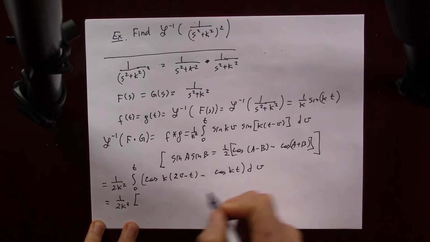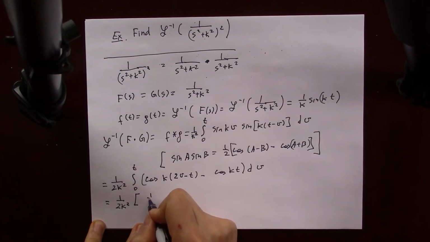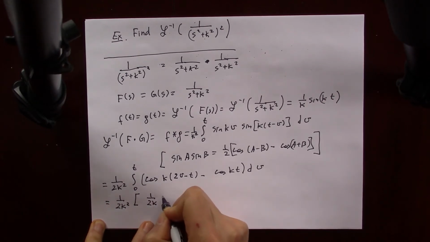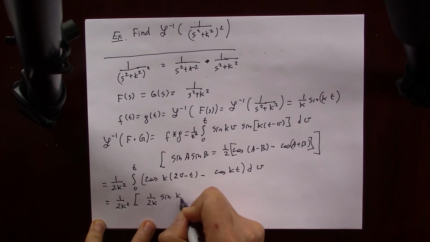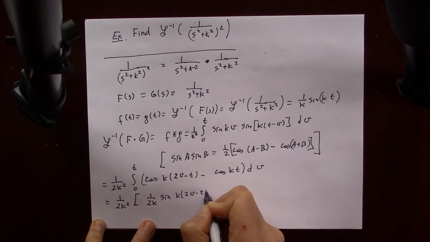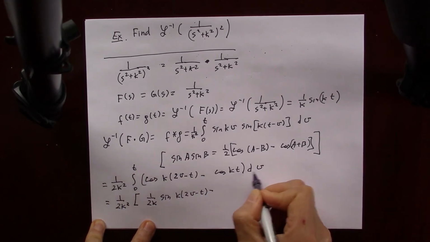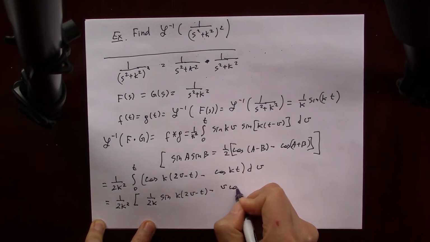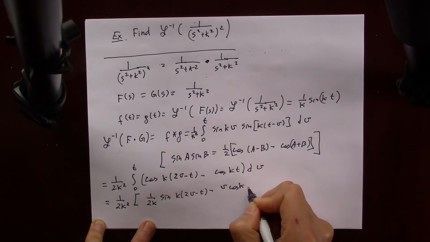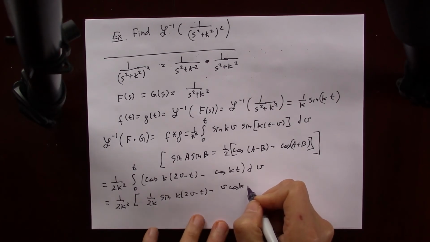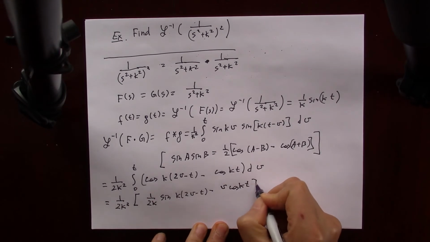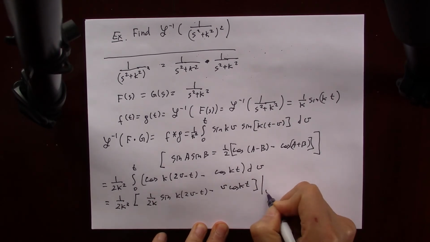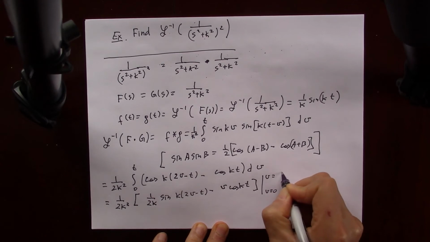The antiderivative with respect to v is going to be 1 over 2k sine of k times (2v minus t). With respect to v, the cosine of kt is a constant, so v times cosine of kt, and we're evaluating from v equals 0 to v equals t.